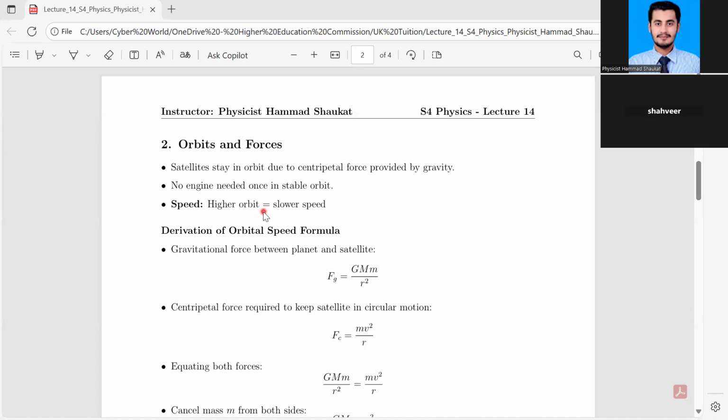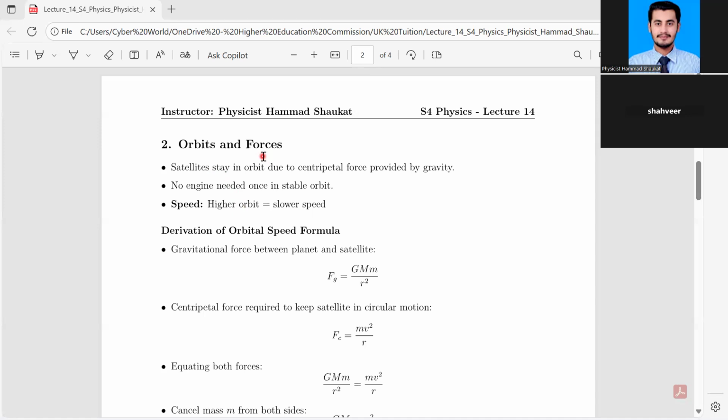Next are orbits and forces. Now, how do satellites orbit? What does orbit mean? Orbit means revolving, and forces means what type of forces are related to an object that is revolving. The one and only force relevant to this topic is the gravitational force.